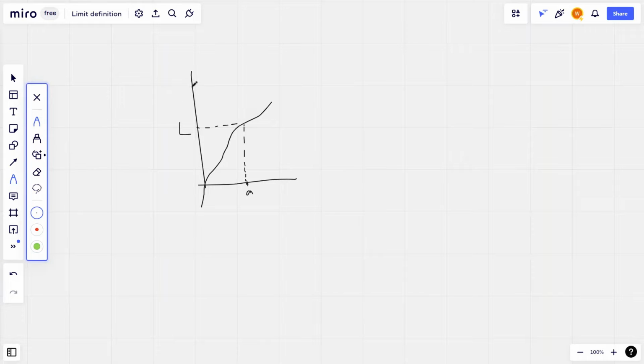Now if we think about some distance from L, say we have this distance epsilon here, and then this same distance epsilon here.